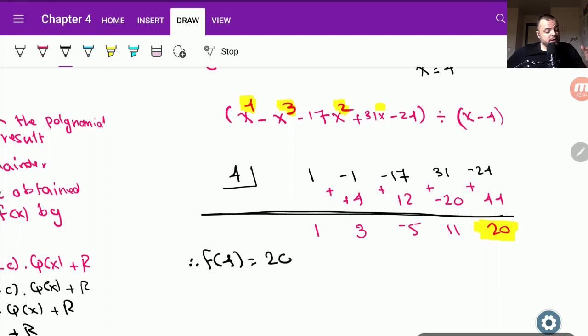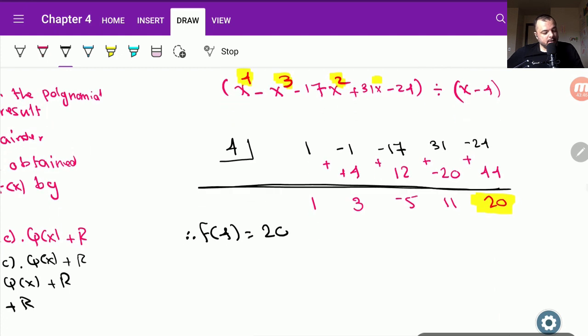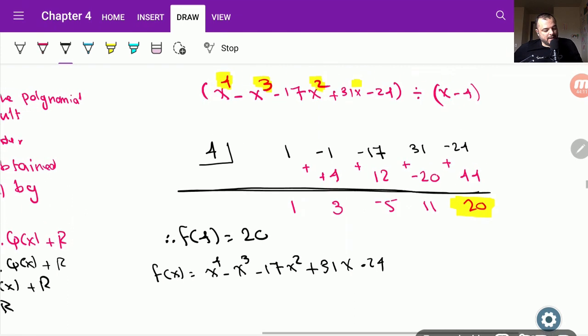If you would like to justify it, it's easy. So what is f of x? F of x is x to the power of 4 minus x cubed minus 17x squared plus 31x minus 24. So we can write f of x, the dividend, as the divisor, which is x minus 4, times the quotient.